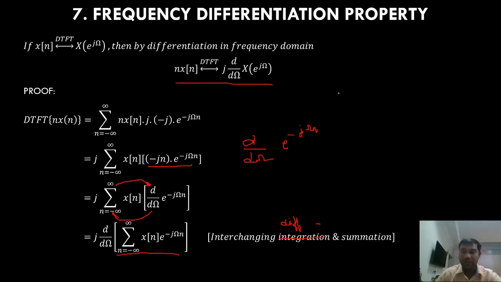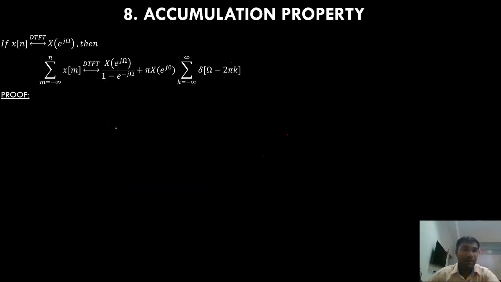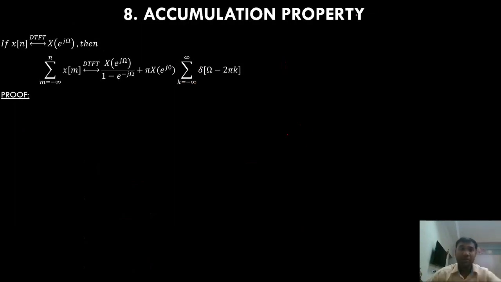So finally, the DTFT of n into x of n is equal to j into d by d omega of X of e power j omega. These are all DTFT pairs, and they must be remembered. Whichever signal I give, you must be able to find the corresponding DTFT using these different properties.